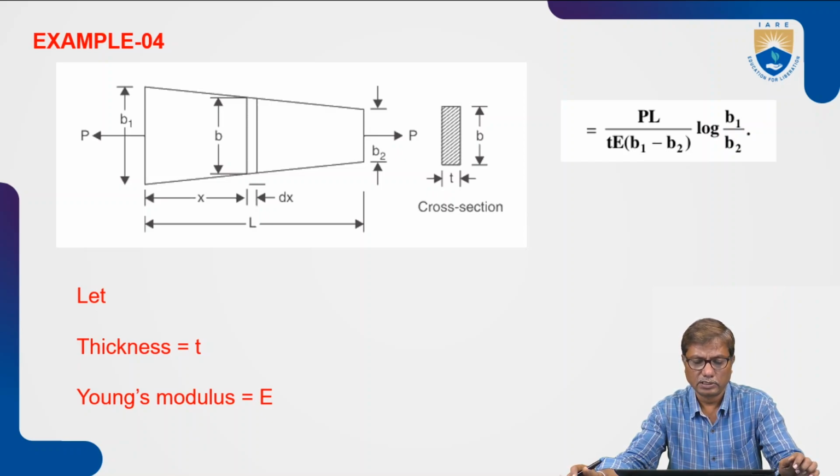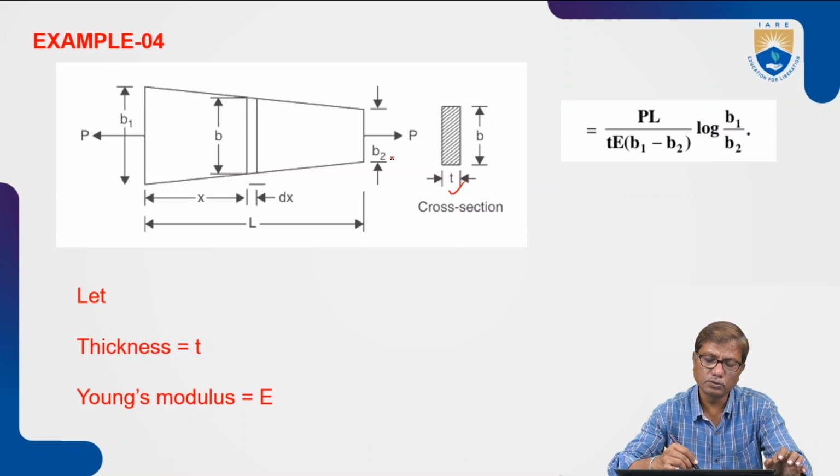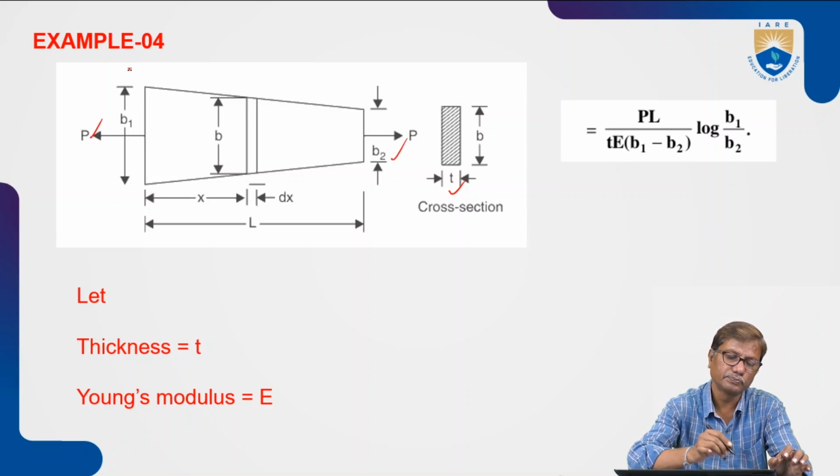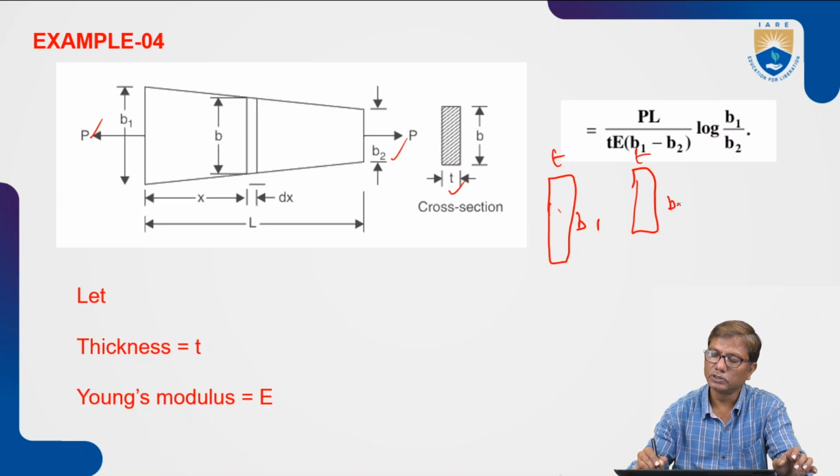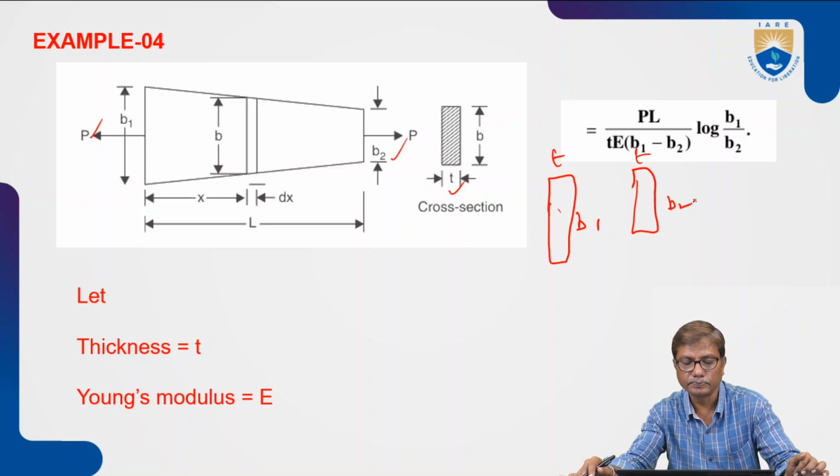A rectangular cross section with thickness T and depth varying from B1 at the left end to B2 at the right end. At the left end, the cross section is B1 into T. At the right end, the cross section is B2 into T.